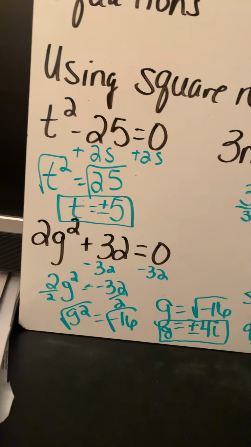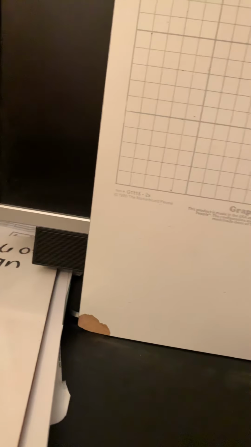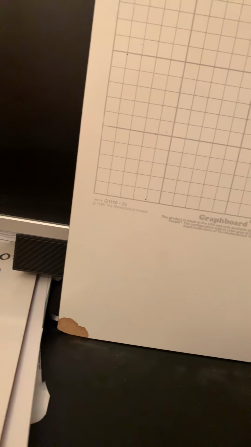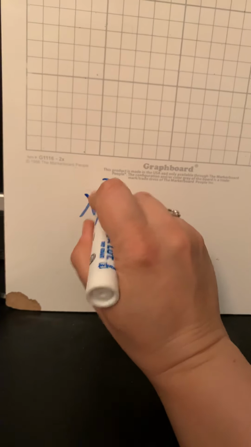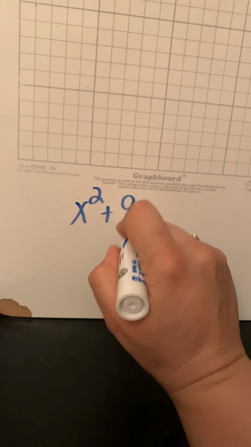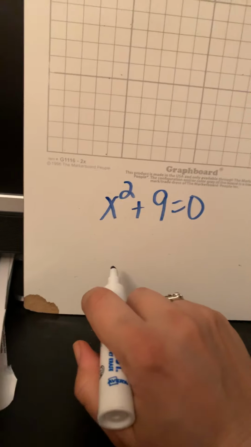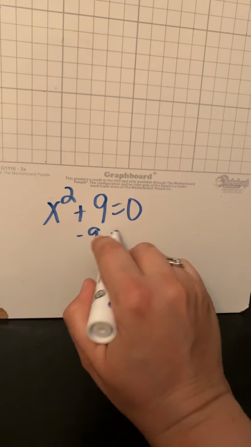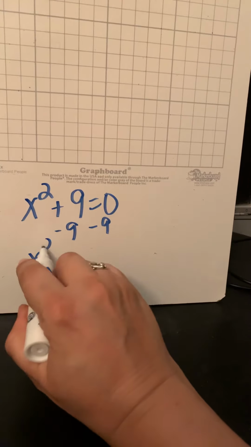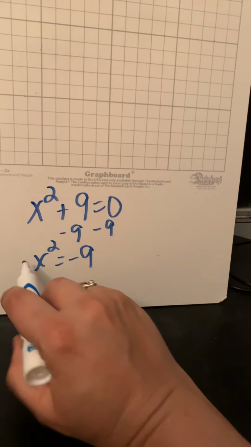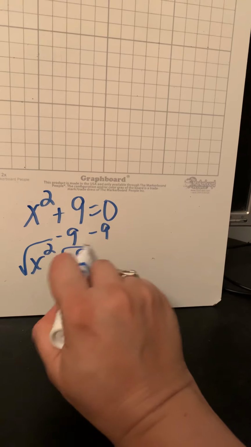Okay, so let's say I had another one. For instance, let's say my equation was x squared plus 9 equals 0. Subtract your 9. X squared equals a negative 9. Square root.